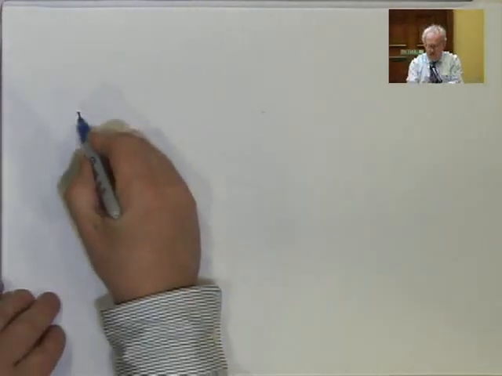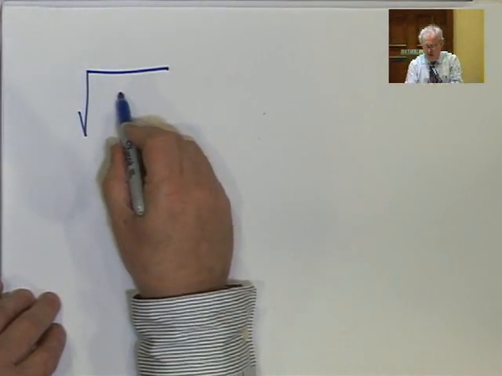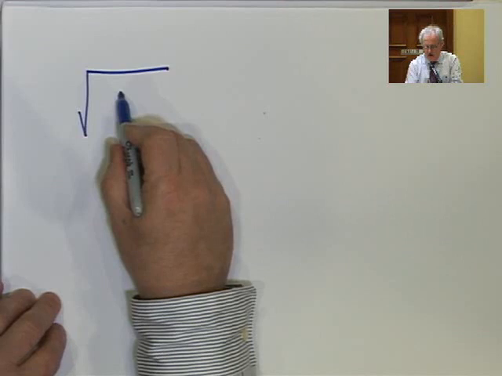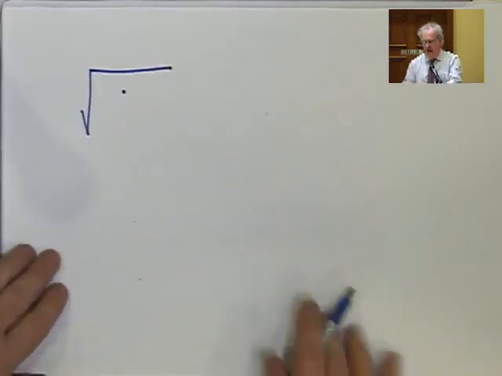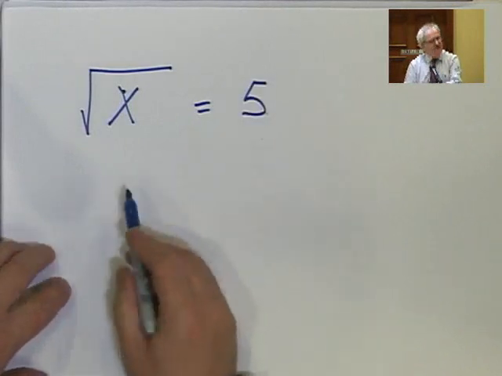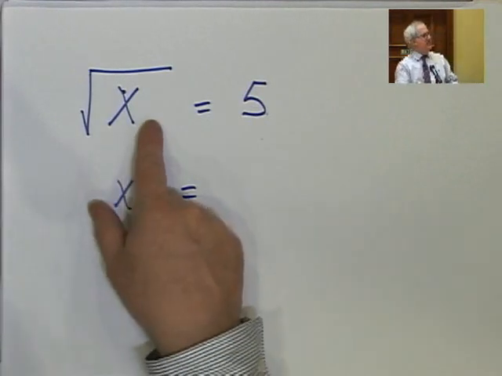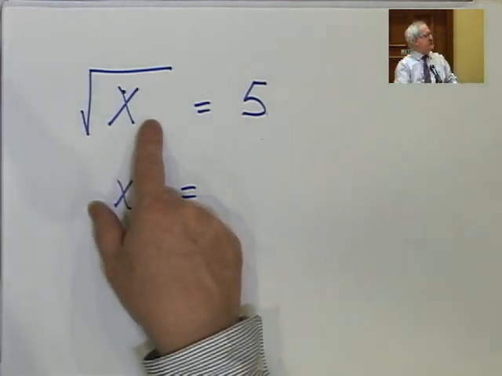And again, towards the end of primary, maybe, if a good teacher, you have something like the square root of x is equal to 5. What's x? What you say is, I don't like the square root thing. What gets rid of a square root?